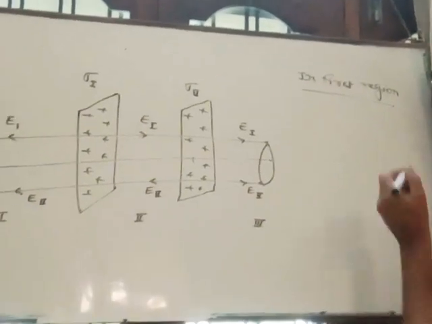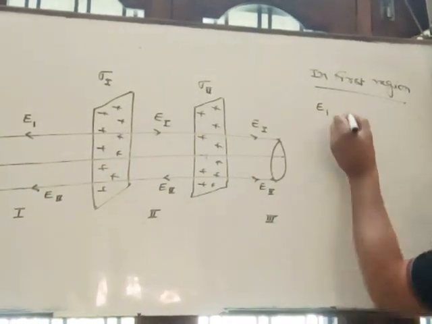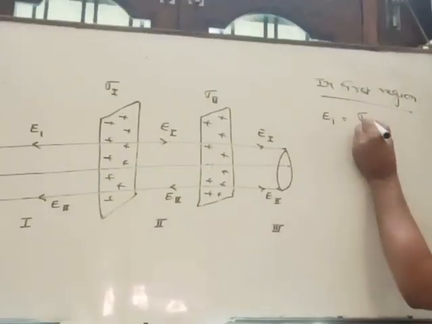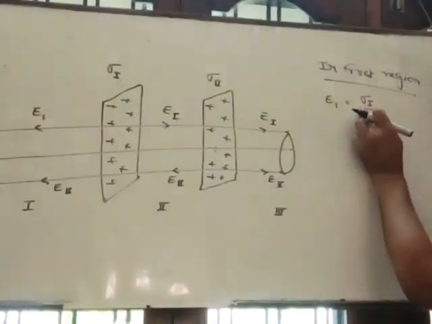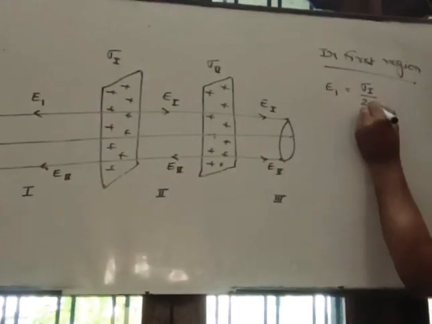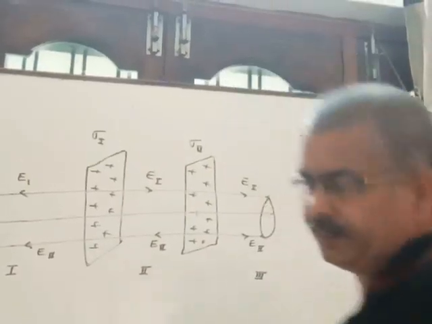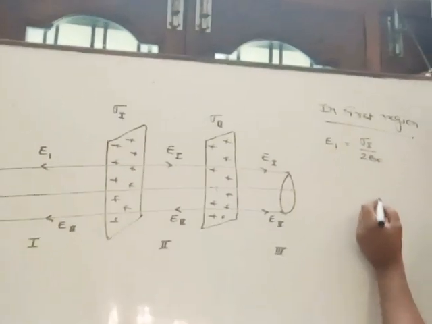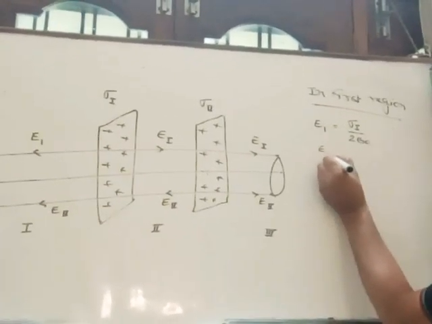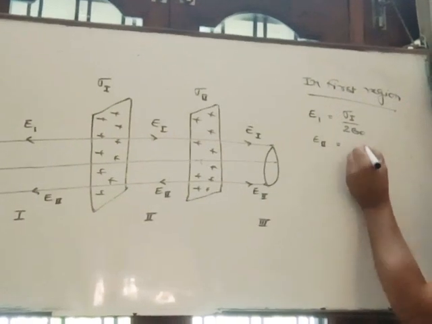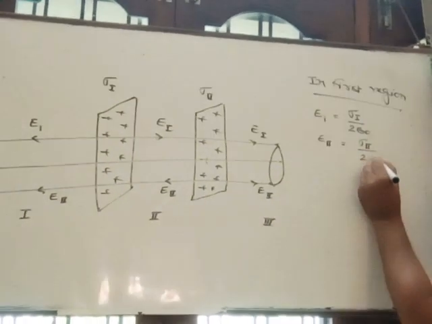E1, the electric field intensity produced by the first sheet, is equal to sigma first by 2 epsilon 0. Sigma first by 2, correct? Produced by the second sheet, E2 is equal to sigma second by 2 epsilon 0.